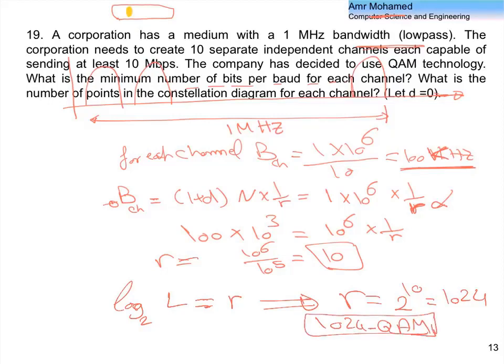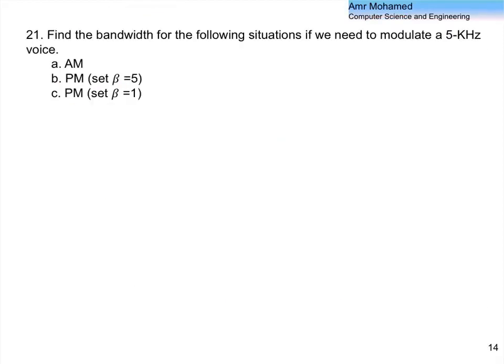If the company uses 1024-QAM modulation, then we can support 1 megabit per second for each channel for 10 channels.